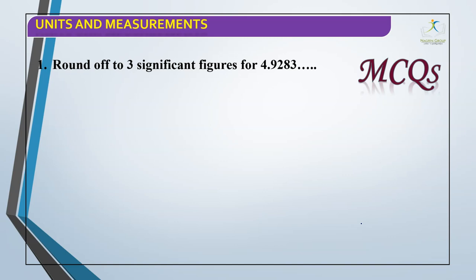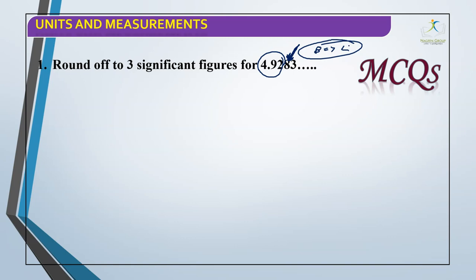Rounding off to 3 significant figures is different from 2. With 3 significant figures, we are taking up to this point. Now we have to focus on the next number. Is it equal to 5, greater than 5, or less than 5? It depends on this value.